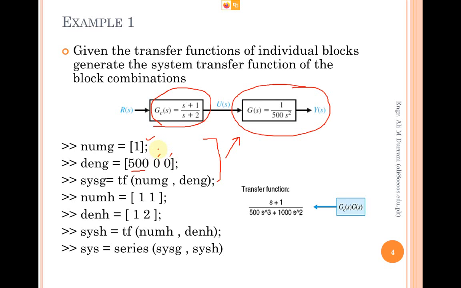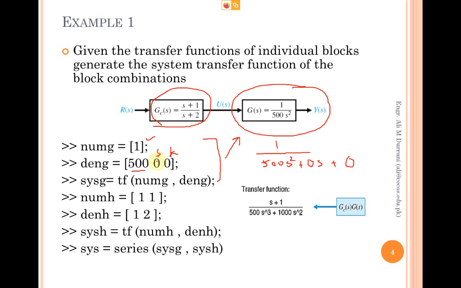The first 0 is for s and the other 0 is for the constant. So it means the denominator will have 500 s square plus 0 s plus 0.